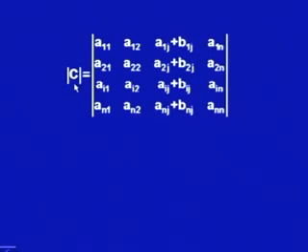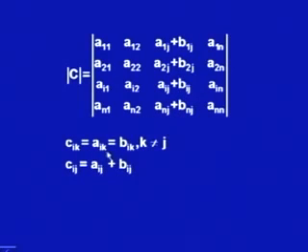The determinant C is the same as determinant A, but the difference is in the jth column. The jth column has A1j and B1j, the sum of the two. In fact, the jth column of A and the jth column of B are added to give the jth column of the C matrix.